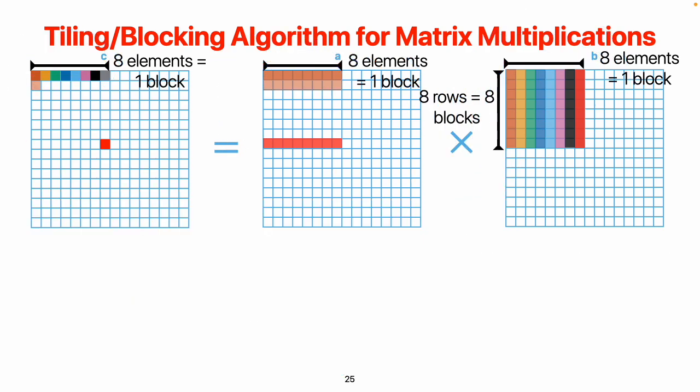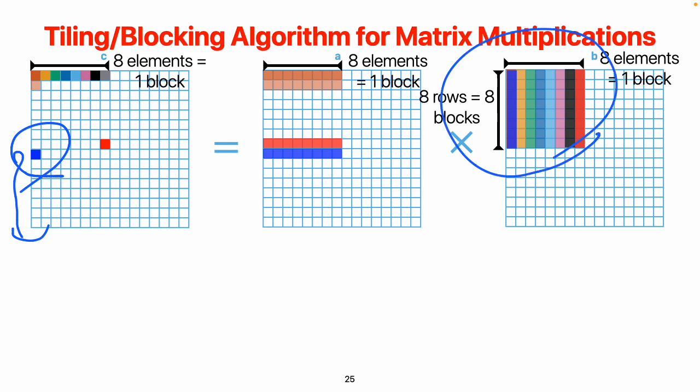Right now, if I am here and I want to calculate the next row beyond the tile, then I will fetch this row, and again I can keep reusing this.